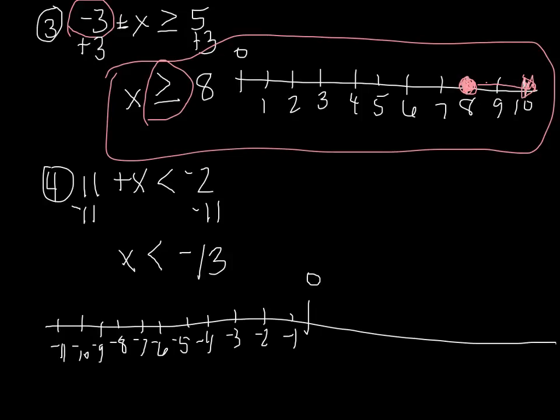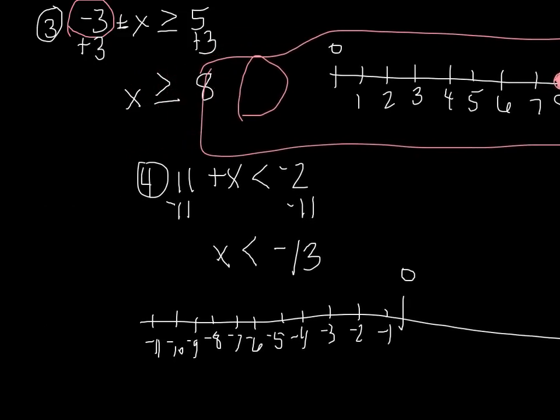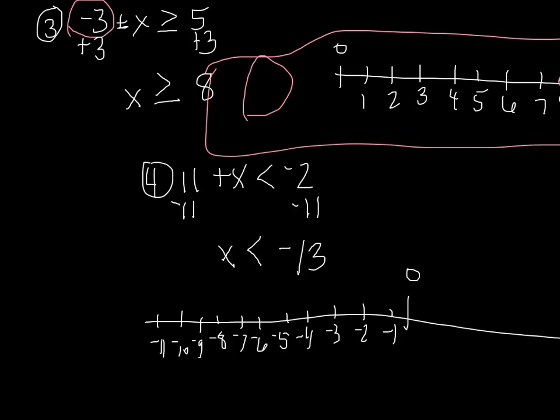Oh, I ran out of space. Let me see if I can't scooch these over a little bit and extend my number line. Negative 12, negative 13, negative 14, negative 15.